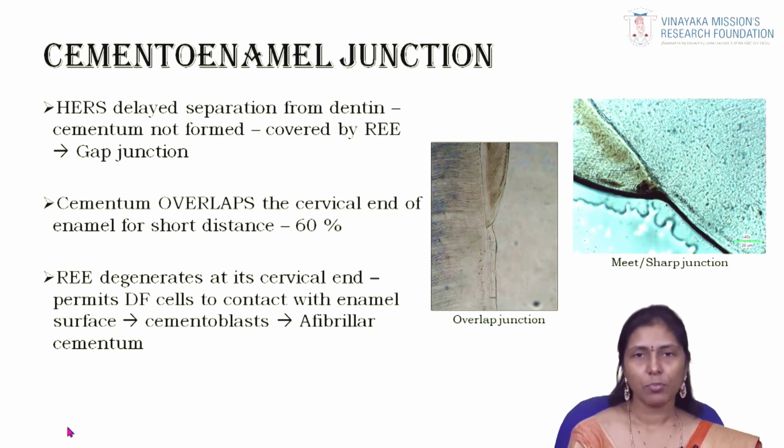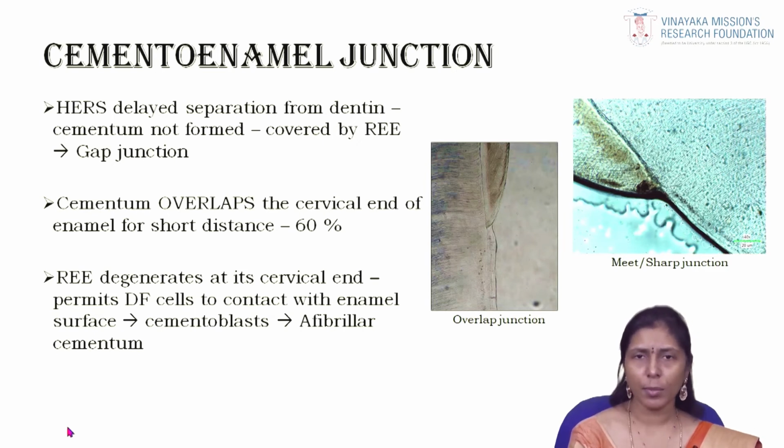Why do you get an overlap junction? See, after formation of enamel, you all know that the enamel organ is the structure that is going to protect the tooth till it erupts into the oral cavity. So the enamel organ is going to reduce in size and make up the reduced enamel epithelium, which is 2 to 3 layers of stratified squamous cells.